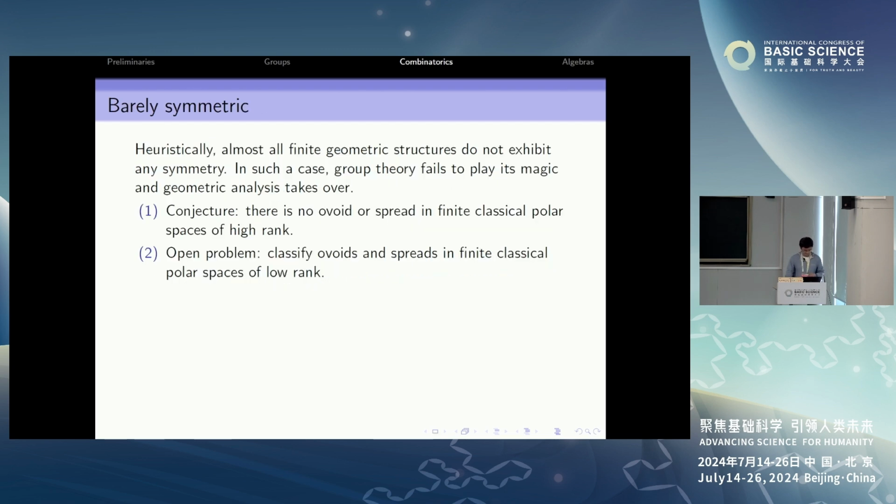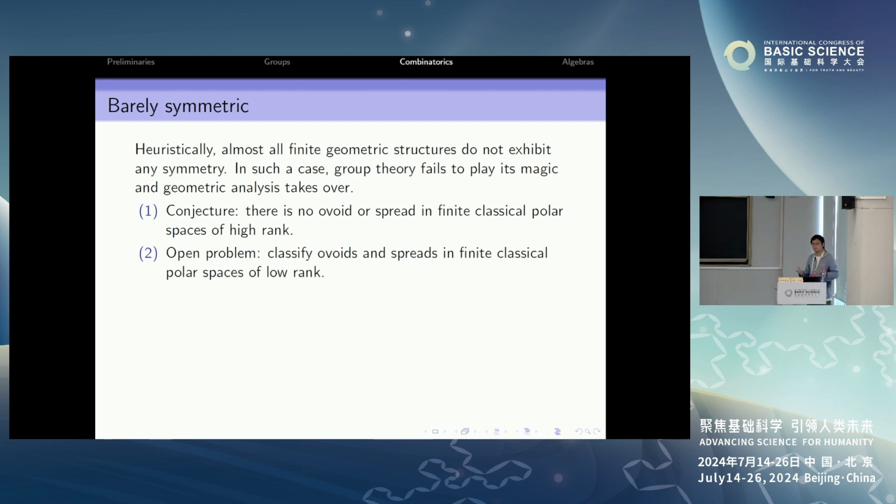Finally, in the asymmetric case. Heuristically, almost all finite geometric structures do not exhibit any symmetry. It's known that almost all graphs have no symmetry. This is a very standard fact in graph theory. So in such a case, group theory fails to be applicable, and geometric analysis takes over.